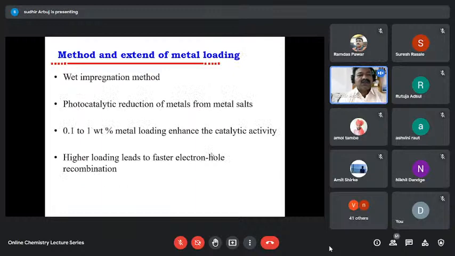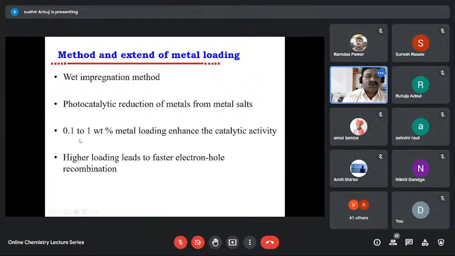So these are the general methods of loading metal on a semiconductor. The simple one is you take your prepared semiconductor in water and add your platinum, palladium or rhodium precursor as per the stoichiometric amount. Then it can be loaded using the photocatalytic reduction technique.